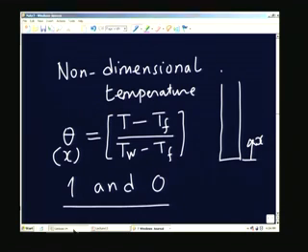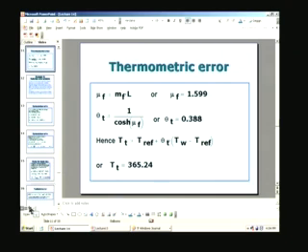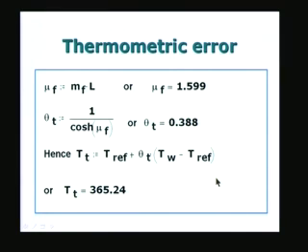So, with this background we can prove that the value of theta subscript T, this is the temperature at the bottom of the well, is given by 1 over cosh of mu f, and if I put this 1.59 here, I get a value equal to 0.388.